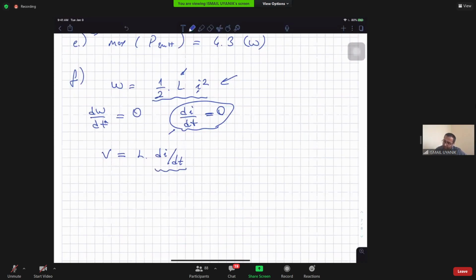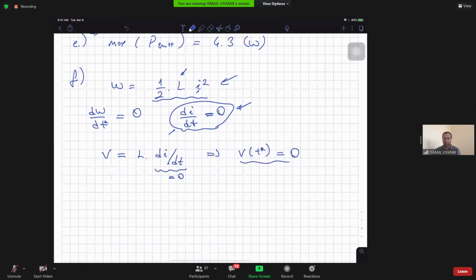Basically, we are looking for T star when voltage is equal to 0. If you follow the steps carefully, we are trying to find when energy is maximum, which is when the current is maximum. In order to find when the current is maximum, we take its derivative and equate it to 0. But when the derivative of current is 0, we know it is the time when the voltage is 0.